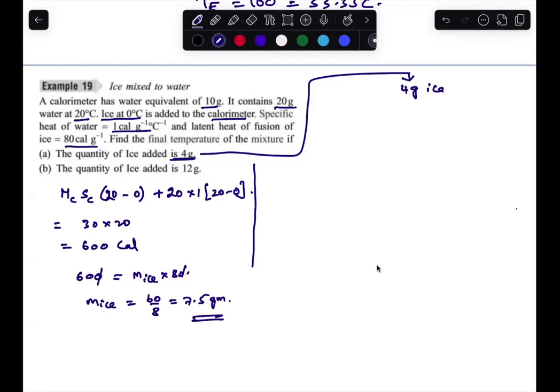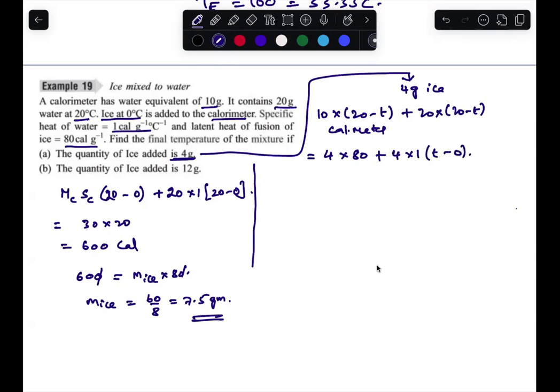So what I am assuming is maybe this 10 into 20 minus T calorimeter part, plus 20 into 20 minus T is 4 into 80 plus, now this is water, 4 into 1 into T minus 0.